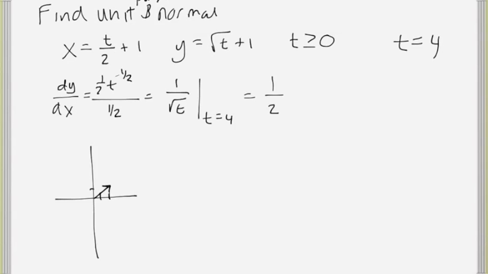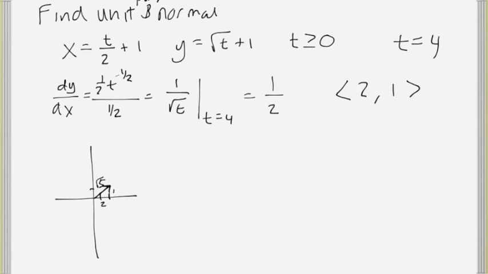How would I find the length of this thing? Pythagorean theorem. So the Pythagorean theorem on this thing gives a square root of 5. It's just 1 plus 4. So before taking the unit part of this thing, its endpoint was at x is 2, y is 1.